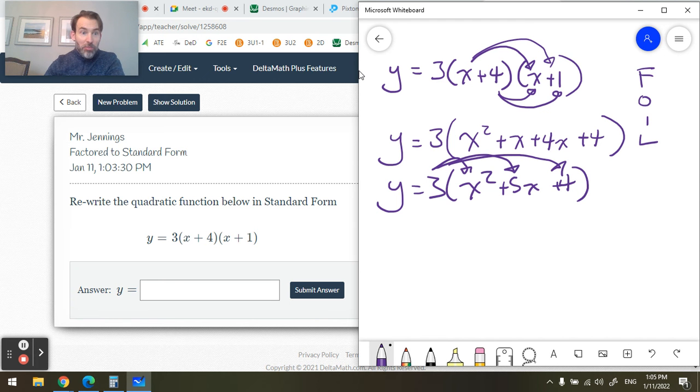This is like I have 3 boxes. Inside each box, there's 1 apple squared, 5 apples, and $4. So I'm going to have 3 square apples, 15 apples, and $12. So y is equal to 3 times x squared is 3x squared plus 15x plus 12.